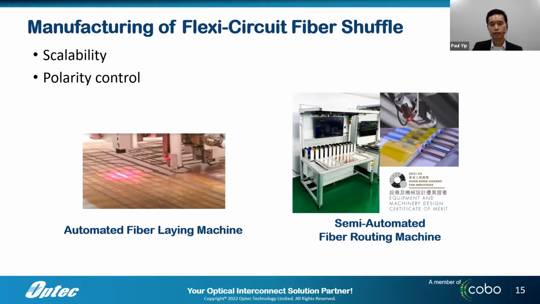So for Optec, we have been developing our own semi-automated machines to do the fiber routing, just to control better on the polarity. We have also developed the automation fiber laying machines. So these fibers can be put on the thin film without any manual process, and the precision is very good.